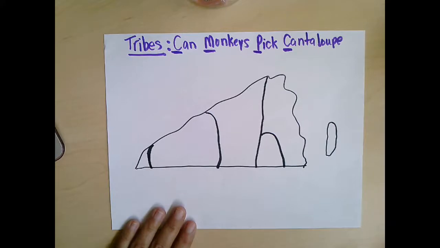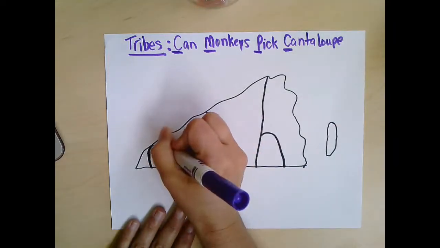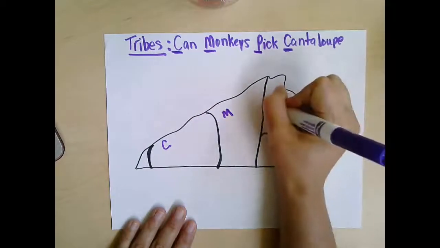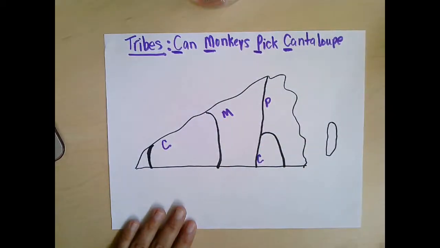Well, then we're going to put these on our map, and we're just going to use the very first letter, but we're going to say the mnemonic device or the silly sentence in our head. And we're going to start right here. Can monkeys pick cantaloupe?